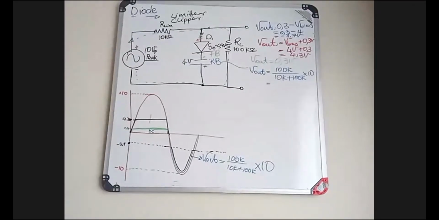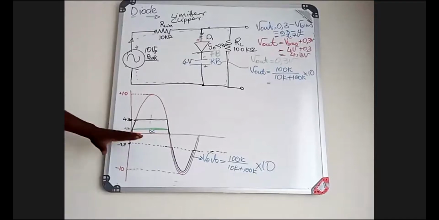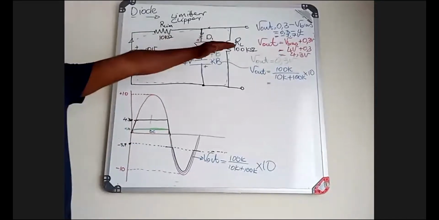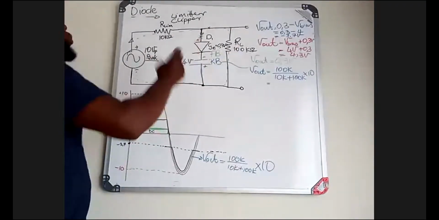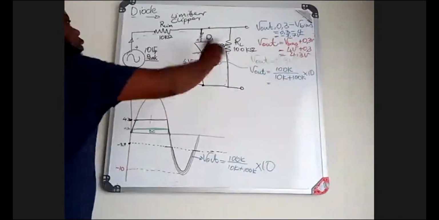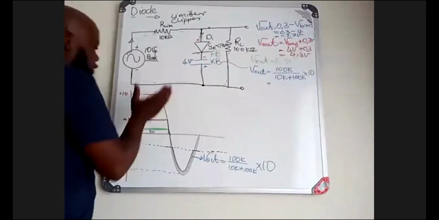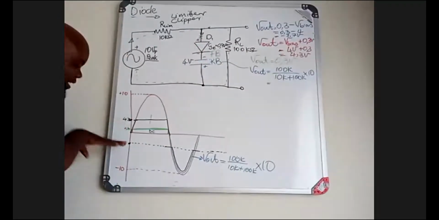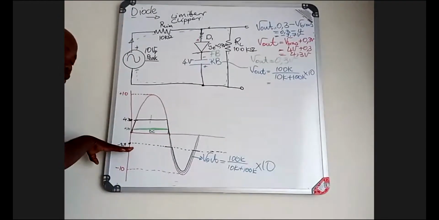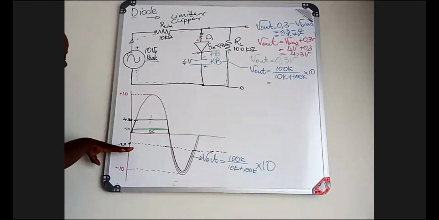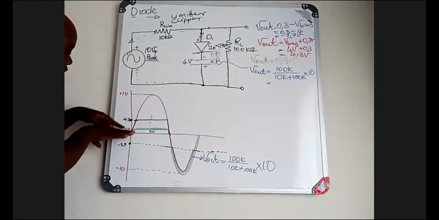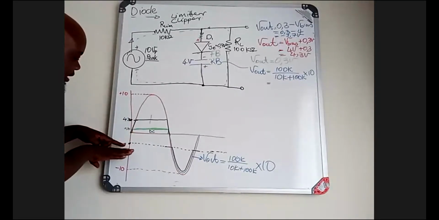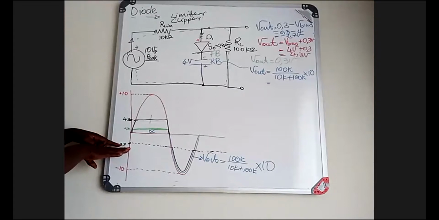Now it simply means that whatever I see at the output must be according to how I want my output to be. I don't want anything above, but I want anything that is below my 3.7 volts. Then I will cut from 10 to 0 up until I get to minus 3.7.